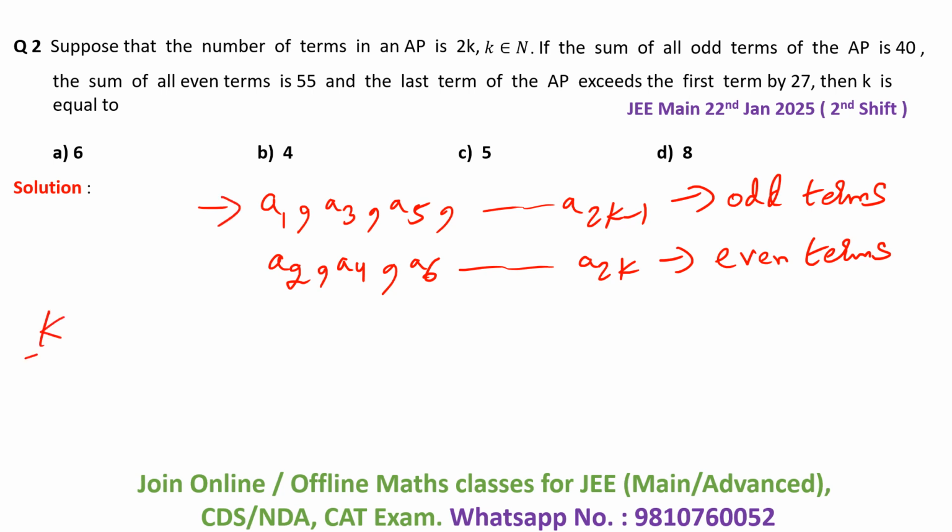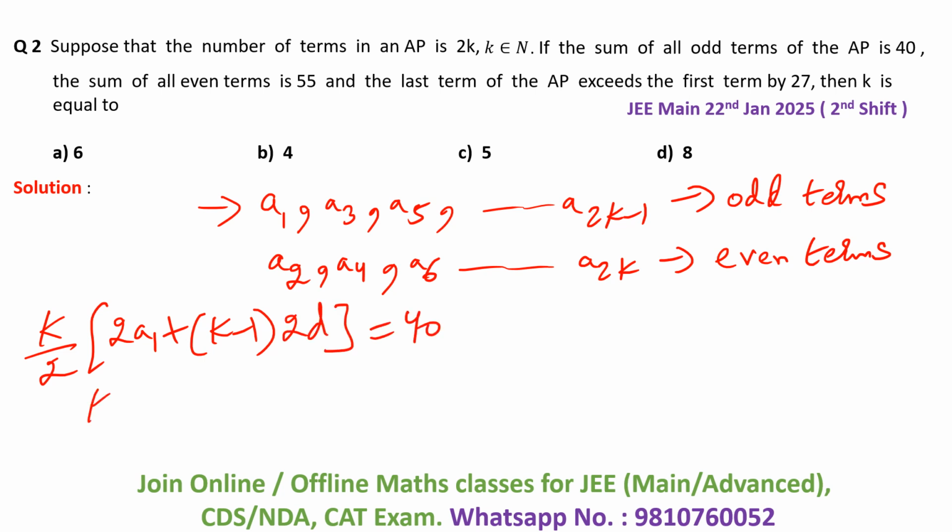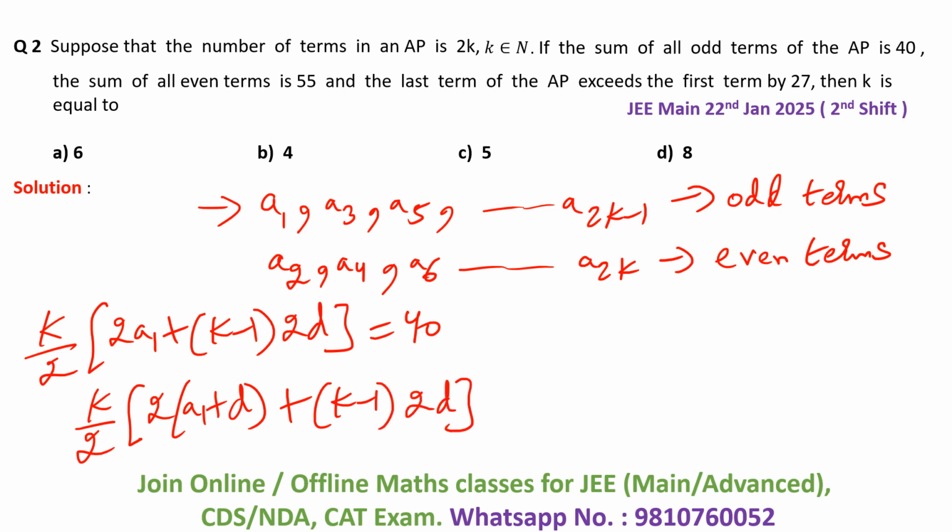So I can write k by 2 into 2a1 plus k minus 1 into 2d equal to 40. And similarly, I can write the sum for all even terms. It becomes k by 2 into 2 times a1 plus d plus k minus 1 into 2d equal to 55.